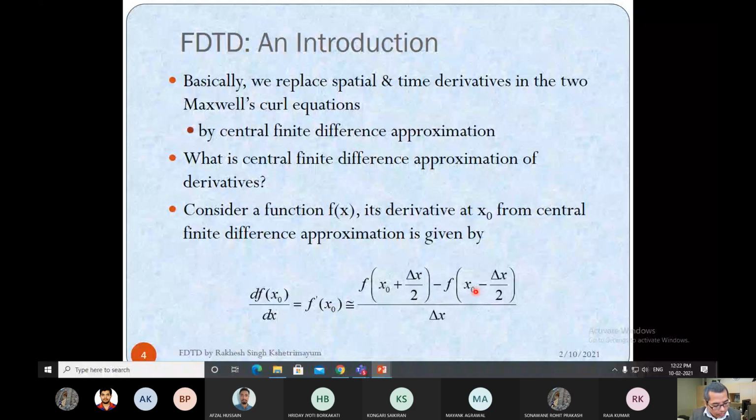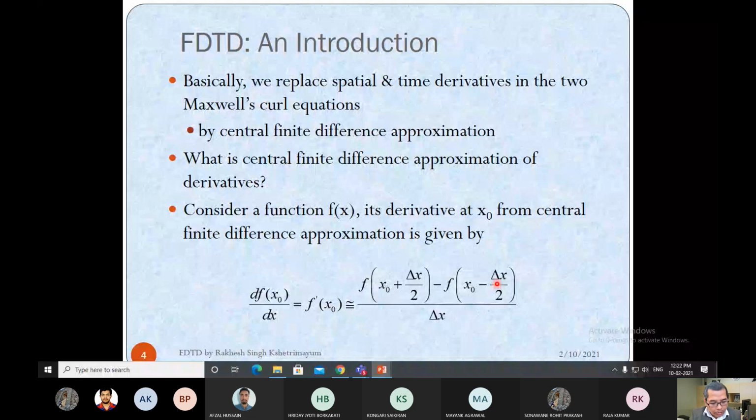This is better than your plus 2 definition of the derivative because the accuracy is better. The amount of error from this approximation is much lesser. So this is the central finite difference approximation of the derivative.